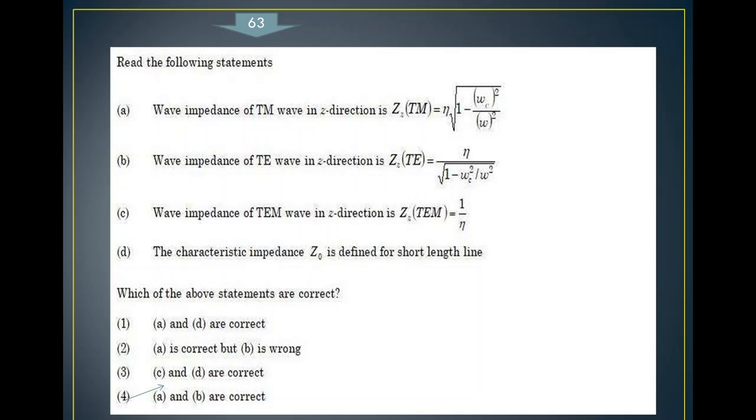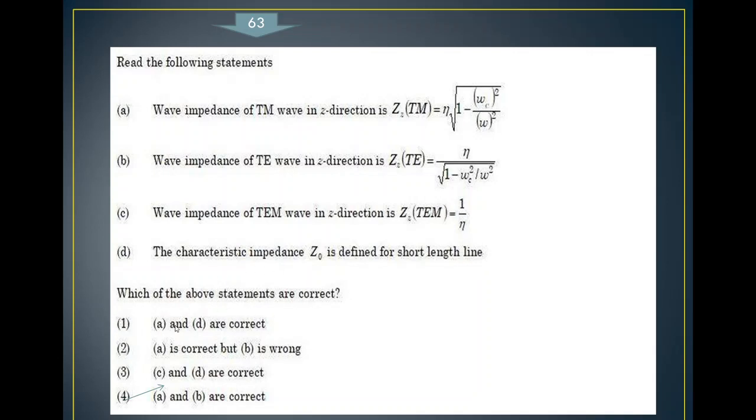Statement B, wave impedance of TE wave in z direction is Z_z of TE equal to eta upon root of 1 minus omega_c square upon omega square. Statement C, wave impedance of TEM wave in z direction is Z_z of TEM equal to 1 upon eta, and the characteristic impedance Z0 is defined for a short length line. Which of the above statements are correct?